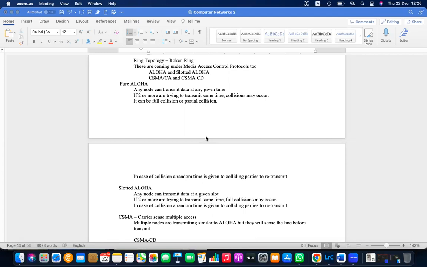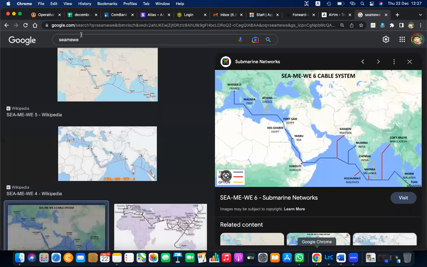So there is either a collision or no collision. Slotted Aloha has reduced the number of collisions that happen in pure Aloha. Let me show that using an image to better understand it.